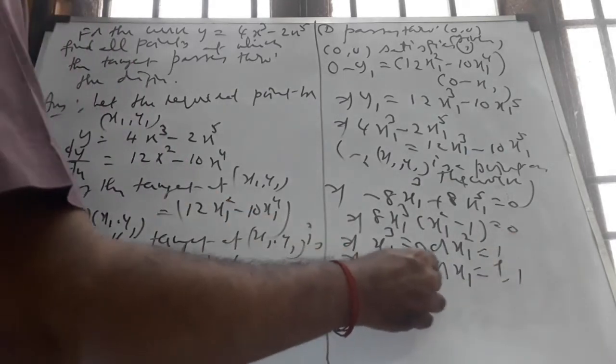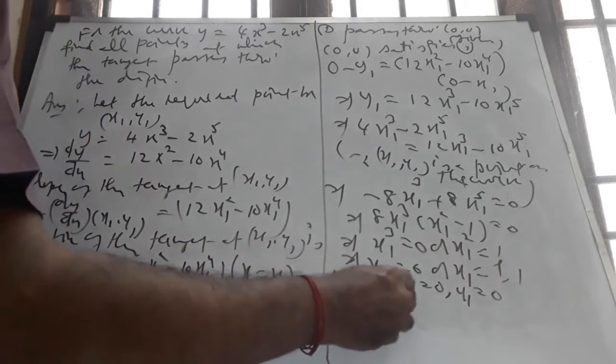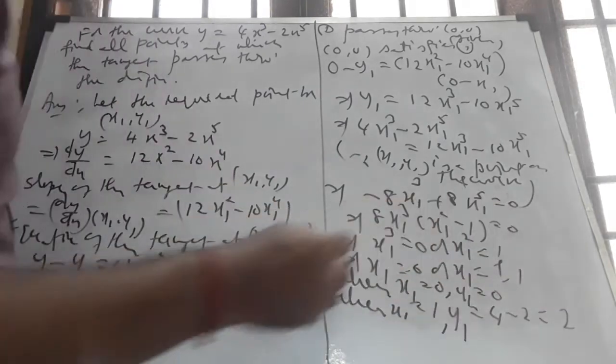When x1 is equal to 0, I get y1 is equal to 0. When x1 is equal to 1, y1 will be 4 minus 2, which is equal to 2.